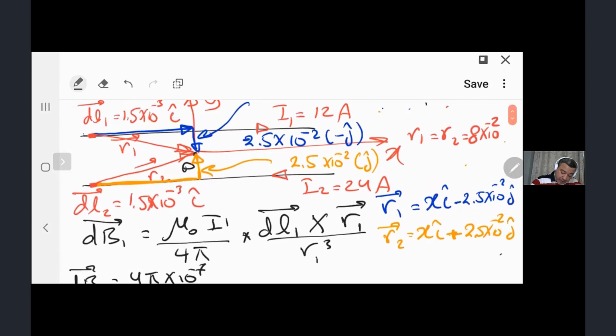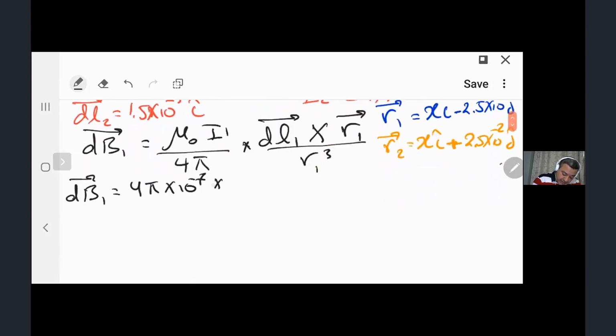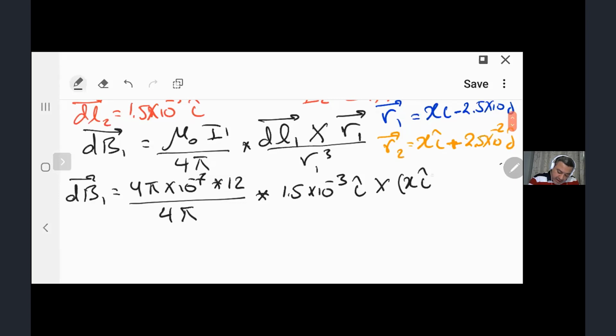I1 is positive 12, so times 12 divided by 4 pi times dL1, which is 1.5 times 10 to the power minus 3 i hat, cross x i hat minus 2.5 times 10 to the power minus 2 j hat. Right?